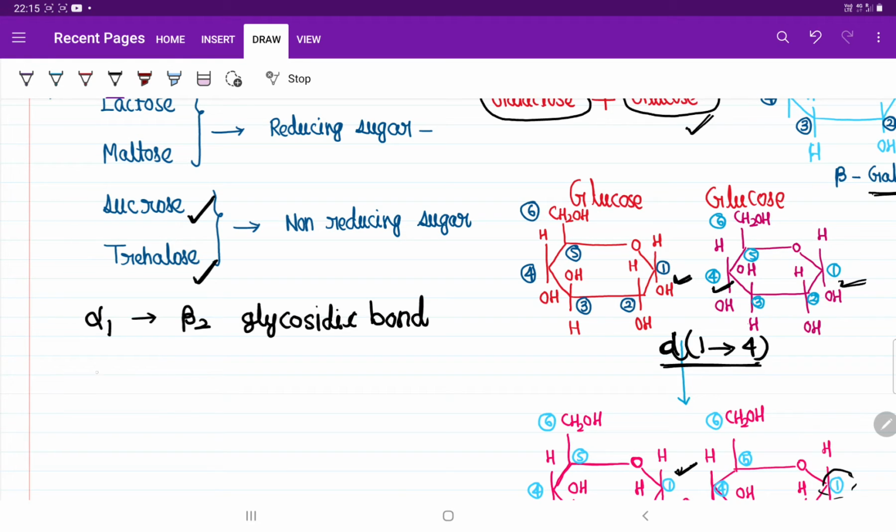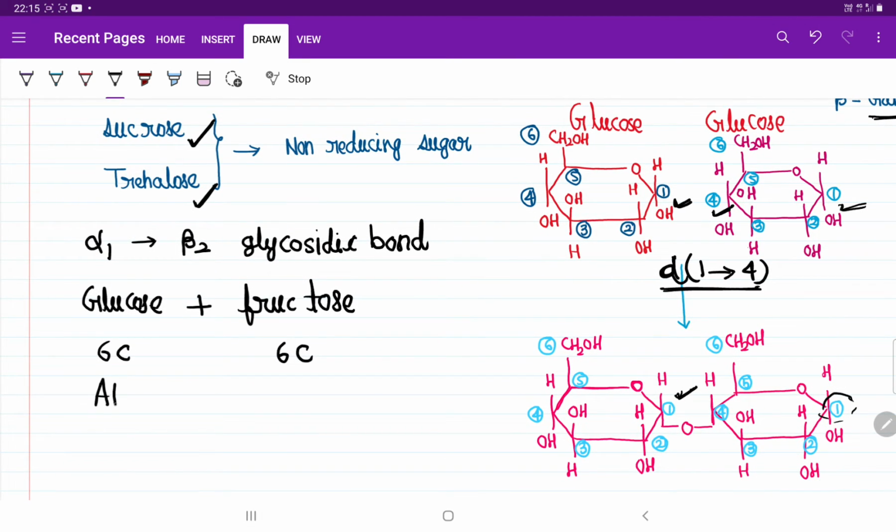Sucrose has two compounds, one is glucose, another one is fructose. Now you all know that glucose is a 6 carbon sugar. Fructose is also a 6 carbon sugar, but glucose is an aldose and fructose is a ketose. In fructose, the ketone group will be present at the 2nd carbon.